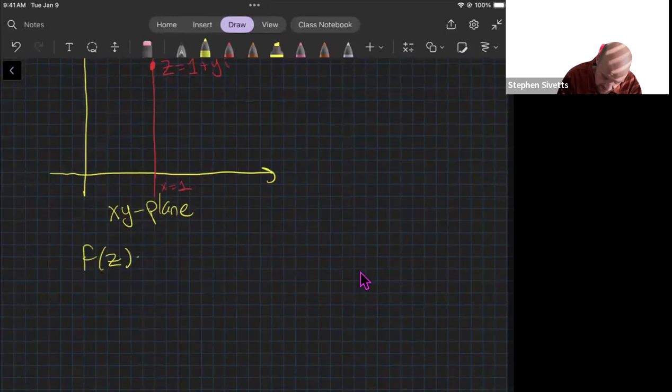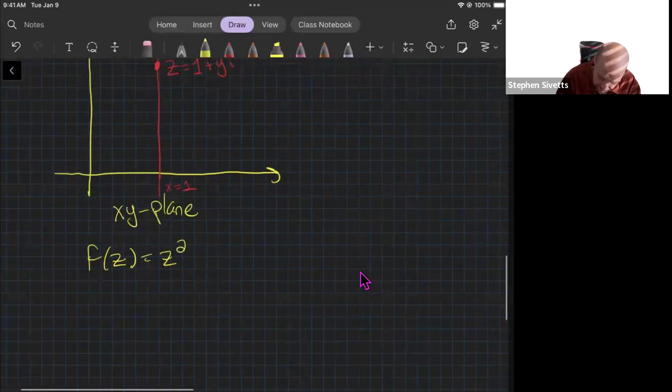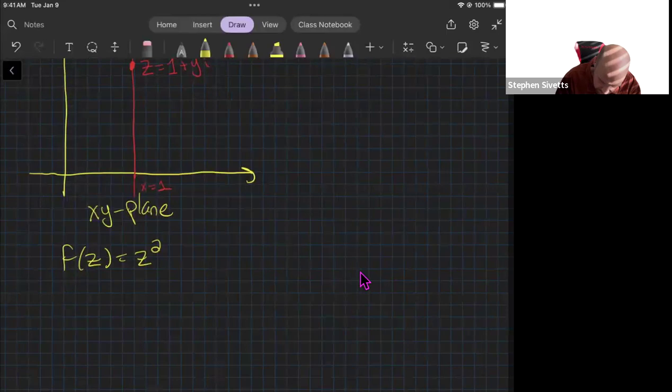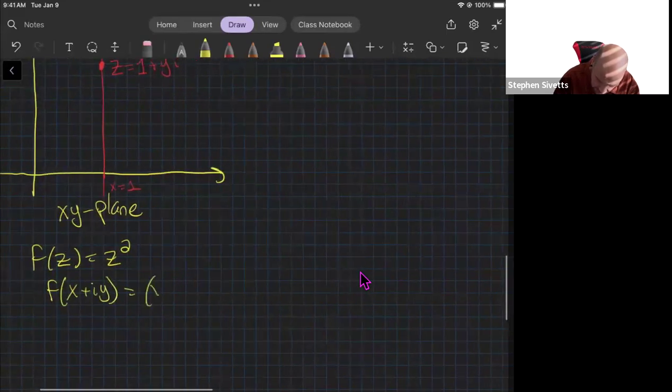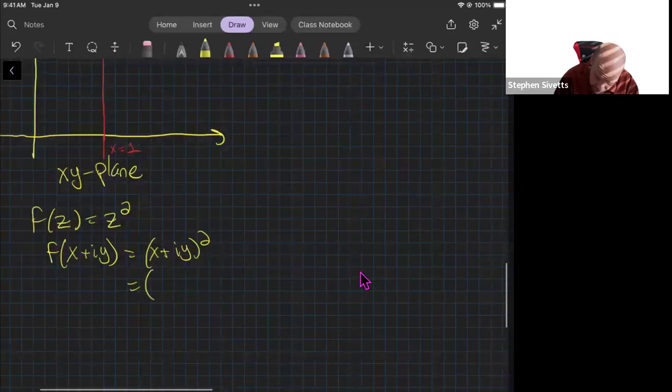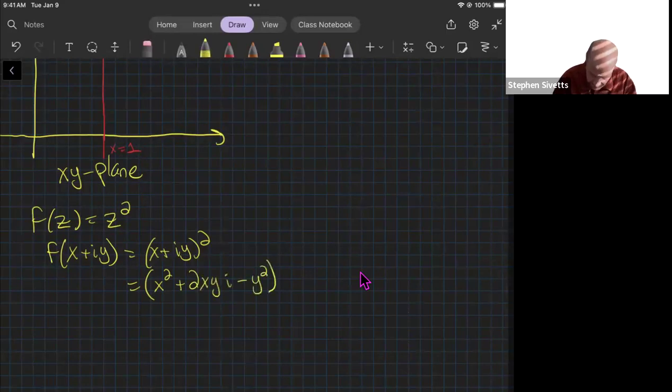We already know that f of z is z squared, okay? And so to break that down into its real and imaginary components, x plus iy, this equals x plus iy squared, and that would be x squared plus 2xy times i minus y squared, right?